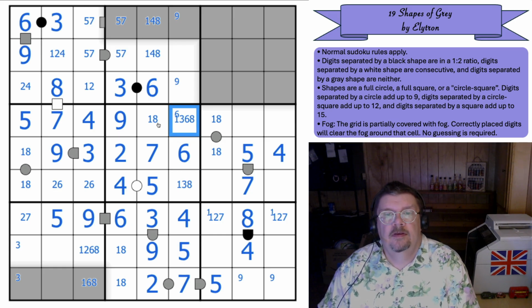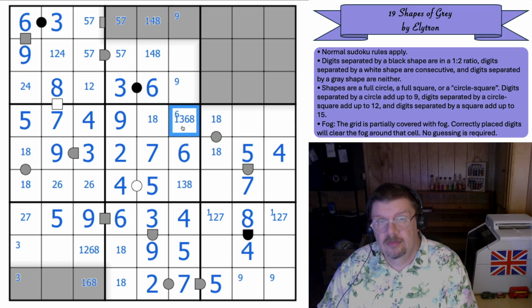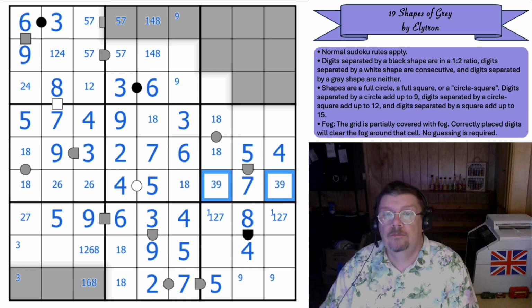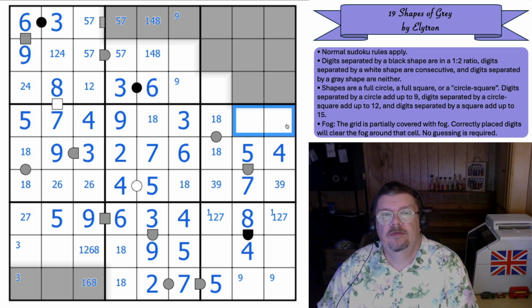And then that sees a 1, 8 pair and a 6, so that's a 3. I have a 1, 8 and a 2, 6 pair in the row, so this is 3 and 9. And then these two are 2 and 6.